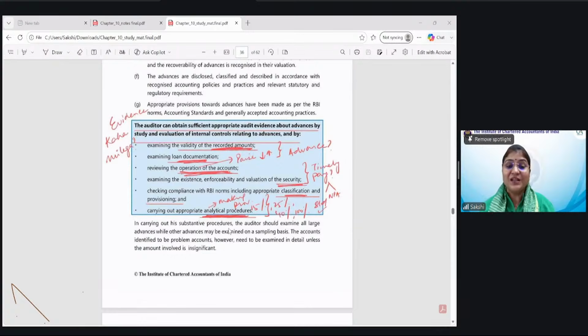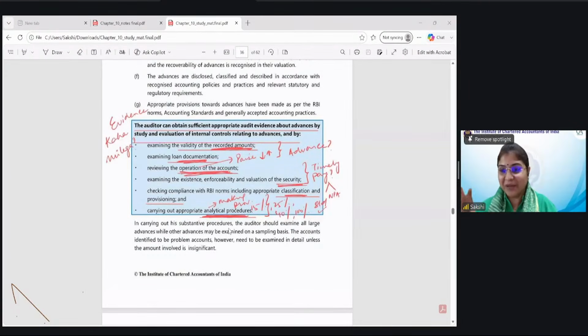Then checking compliance with RBI norms, including appropriate classification and provisioning. Very, very important, because on the basis of timely payment only, you will recognize whether it is a standard asset or NPA, and you have to make classification and provision accordingly.